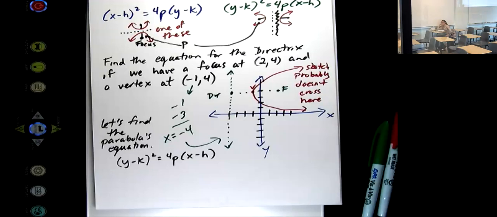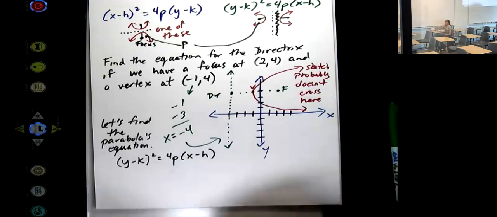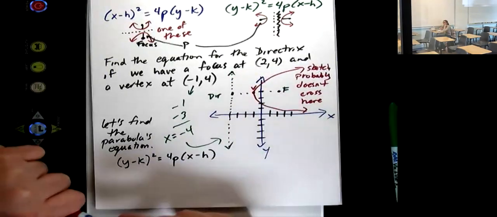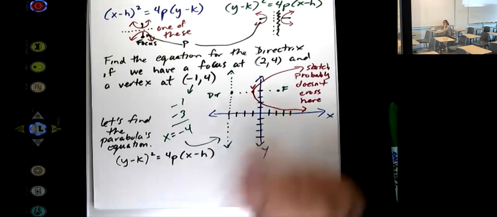We do have an x. What is our x? That's the directrix. X equals -4 is the directrix. No, because it's not on the parabola.